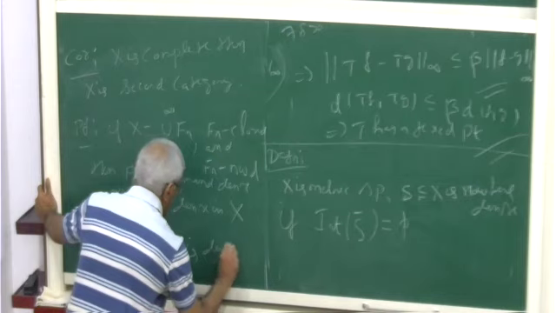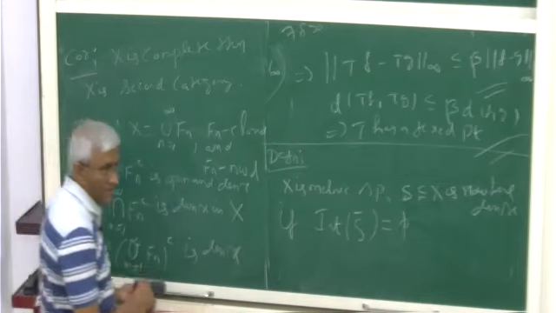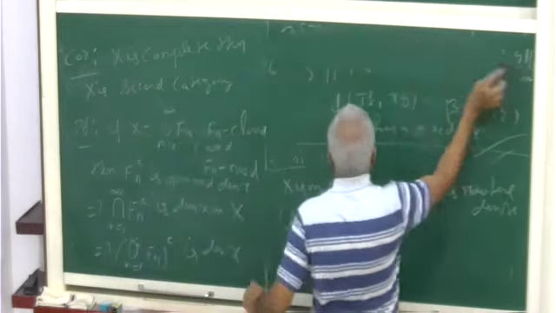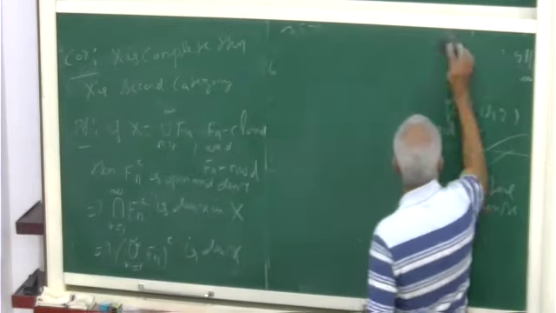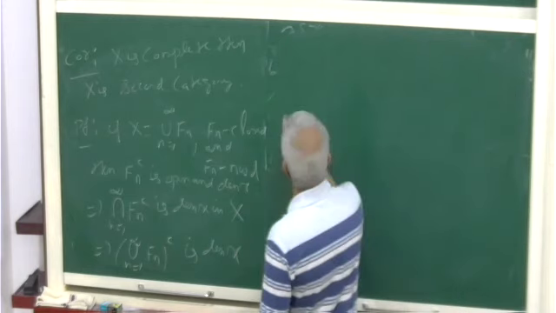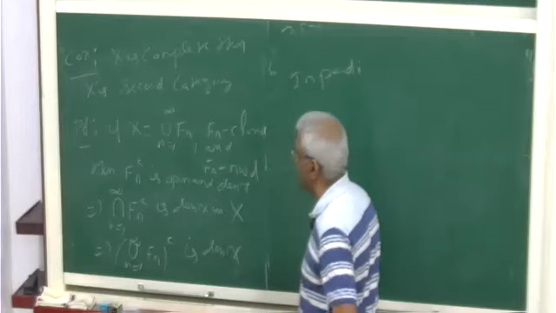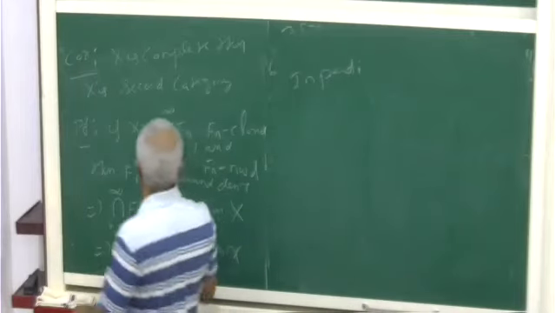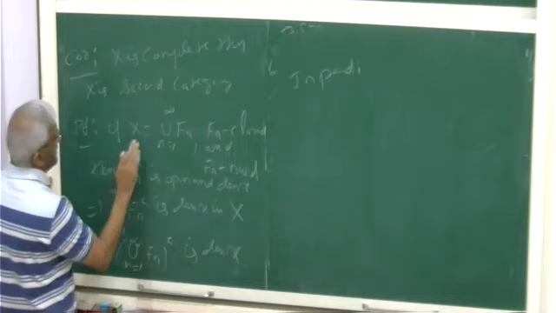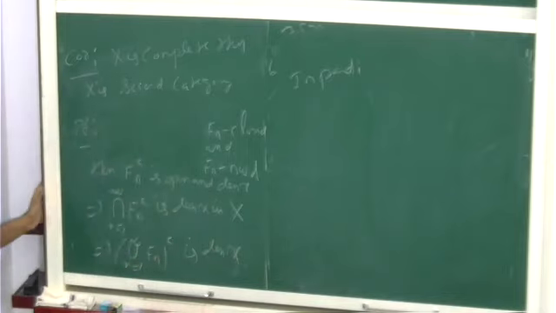This is more than being second category. In particular, I don't want to argue by contradiction. I just take some Fn, start with any Fn closed and nowhere dense.